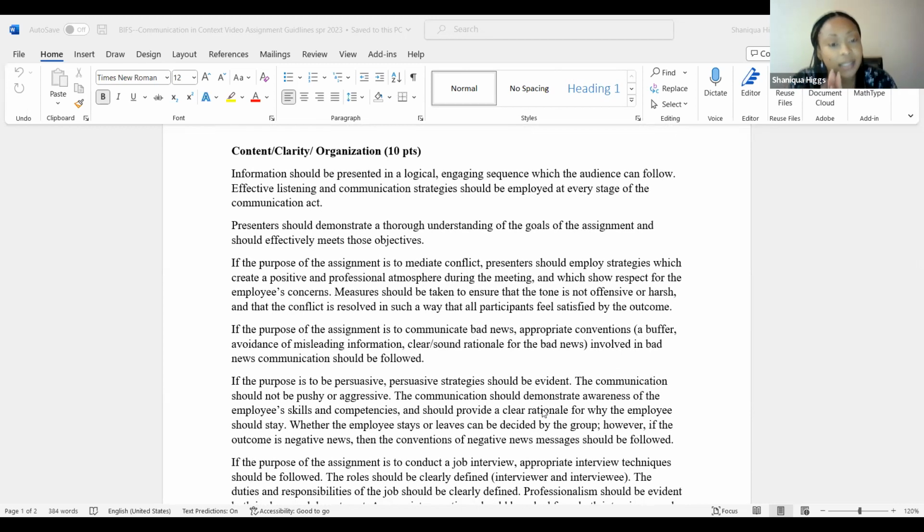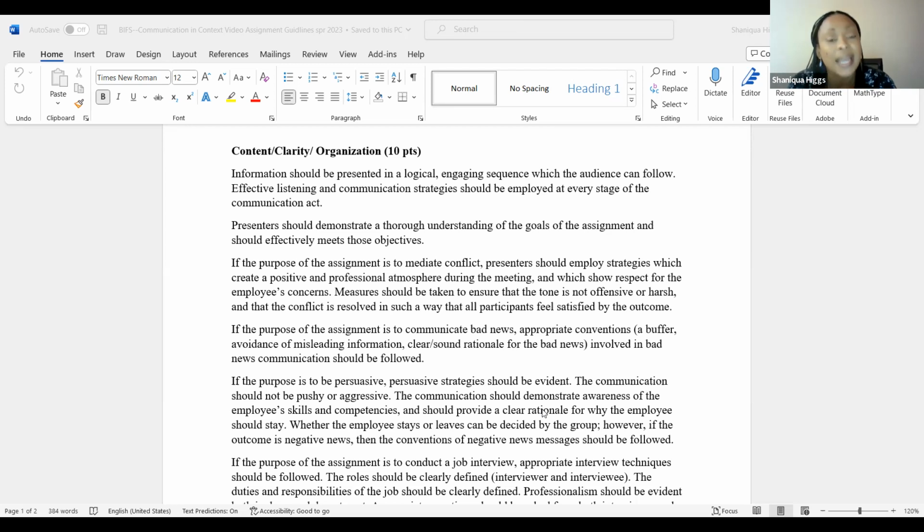So effective listening, remember we talked about those several weeks ago. Effective listening and communication strategies should be evident at every stage of the communication act. You want to demonstrate, first of all, that you understand the assignment, which is why I just discussed what each assignment requires of you, or what the role play demands. So you want to show that you've understood the assignment and that you can meet those objectives.